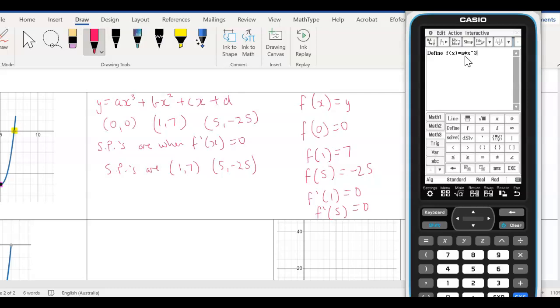You've got to have a multiplication sign in there, because if you left it as ax, your calculator sees that as together, as opposed to a times x. Just use ABC on your calculator to do A, B, C, and D. I have my computer in front of me, so I'm just going to use the keyboard. Plus b times, don't forget the multiplication sign, plus c times x plus d. Whenever you put something in the calculator, double check that it's in correctly. All right, so I've defined it.